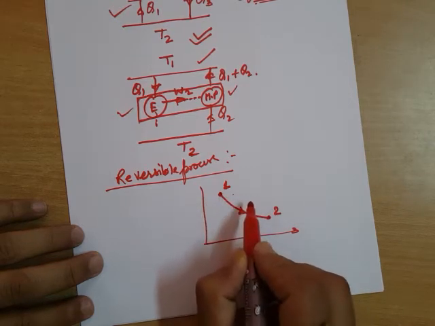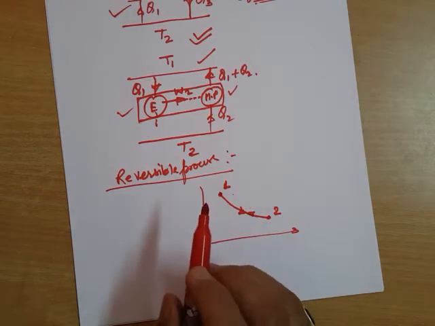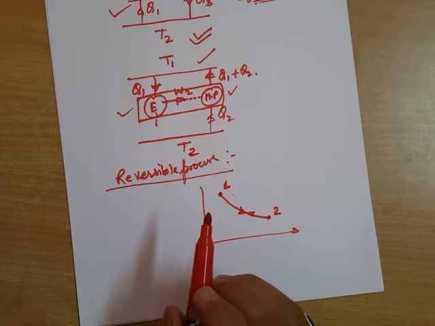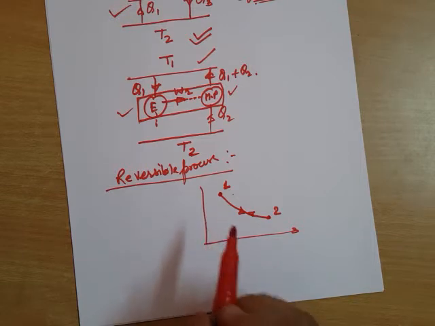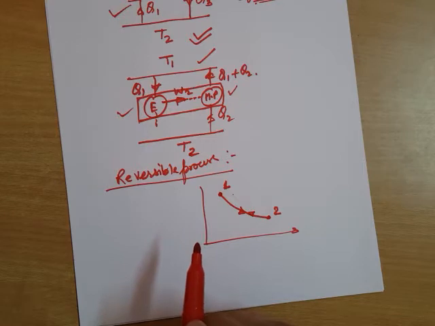And in a nutshell, what can be said? We can say that the system has not made any change in its surroundings. That is, the whole effect has been wiped out.